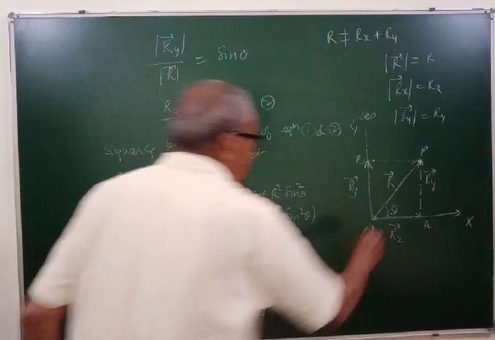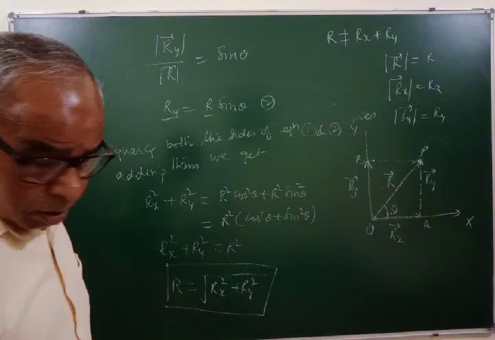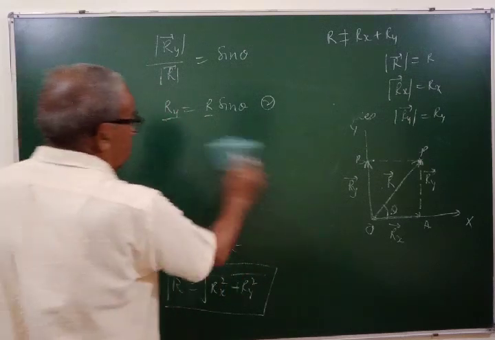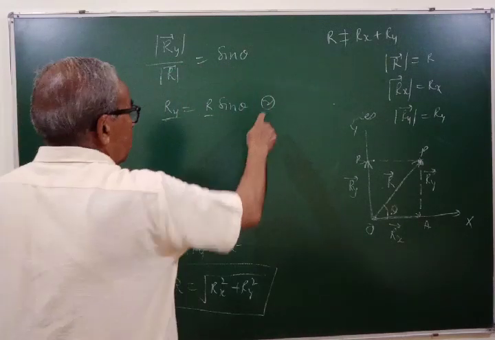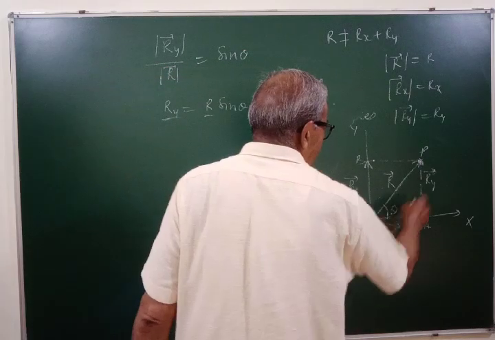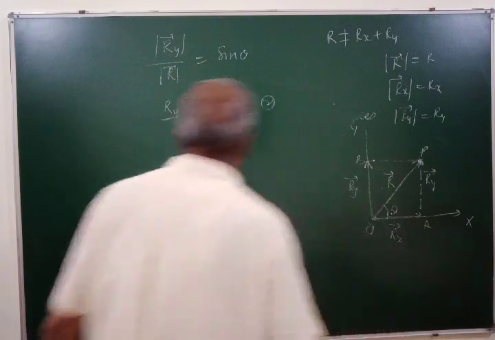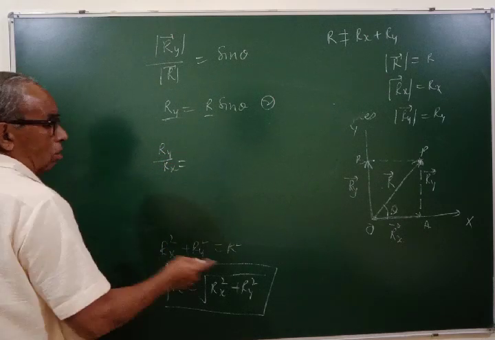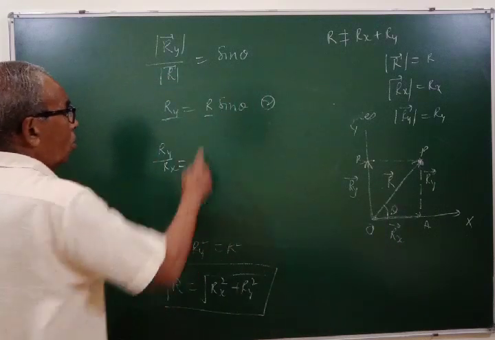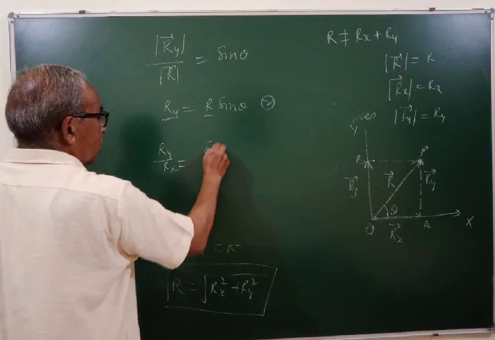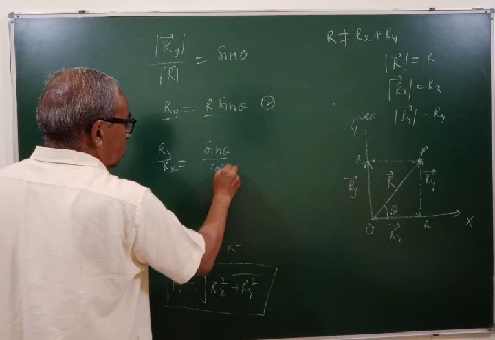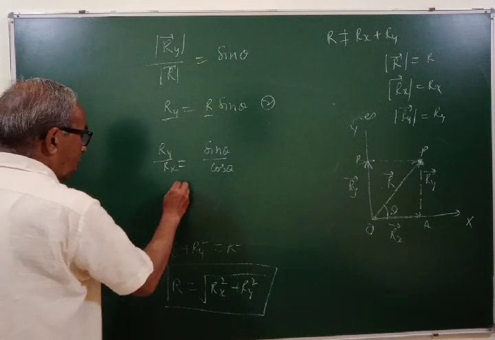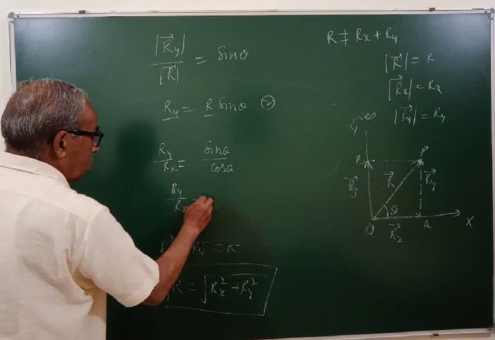So now what is this angle? How to find this angle? From trigonometry again, if you see equations 2 and 1, modulus of Ry upon modulus of Rx, whether you see from here tan theta, or you can see here it is sin theta upon cos theta, which comes out Ry upon Rx equals tan theta.